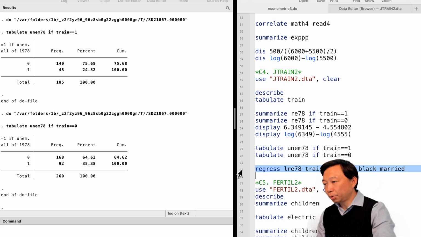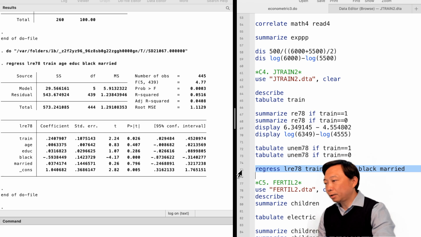To make our conclusions more convincing, we can develop an econometric model and include more control variables in the model, such as age, gender, race, marital status, and educational attainment. In this way, we can rule out the effects of these control variables on the outcome.